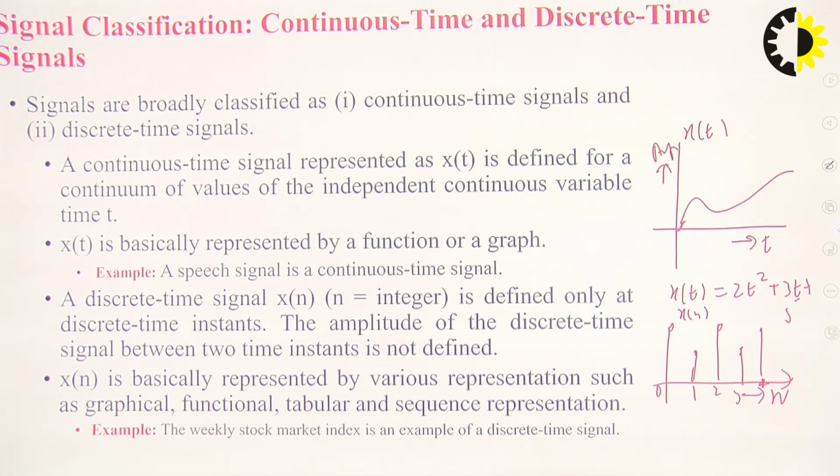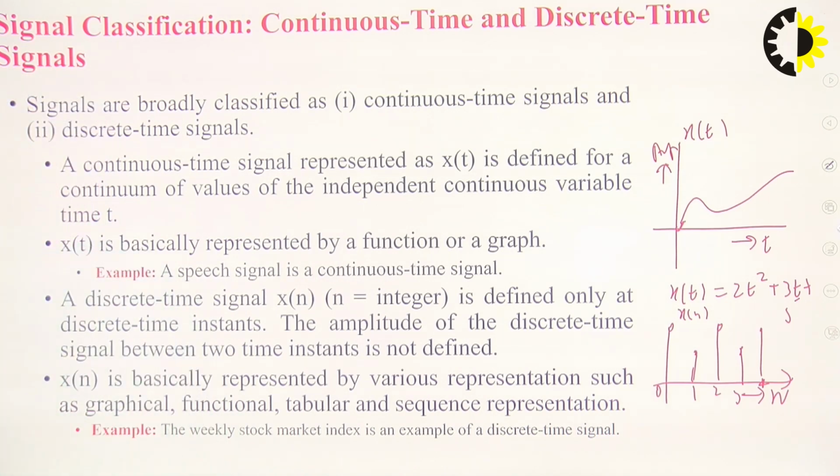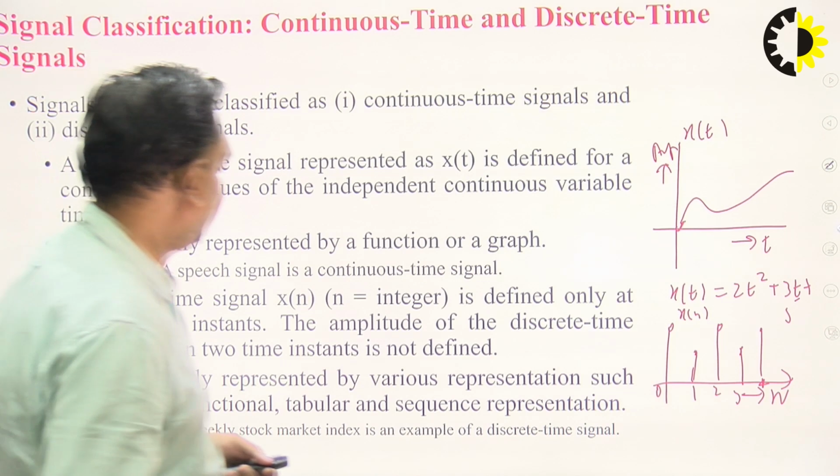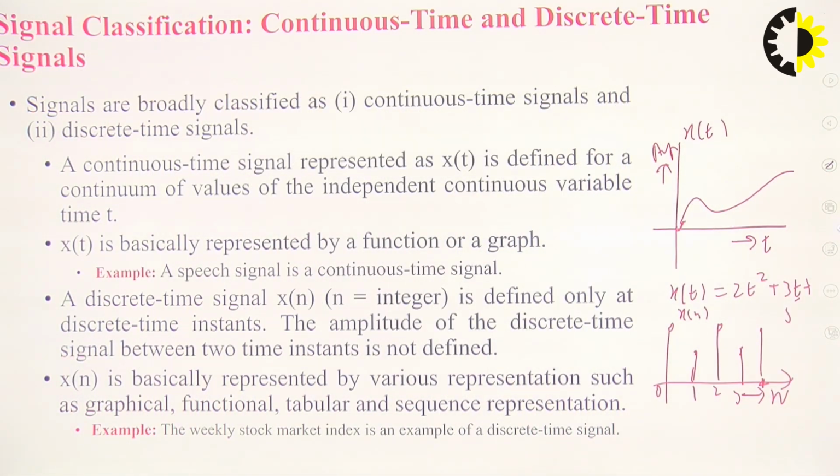A discrete time signal can be represented in various ways: graphical, functional, tabular, and sequence representation. These are the various ways by which we can represent the sequence x(n).